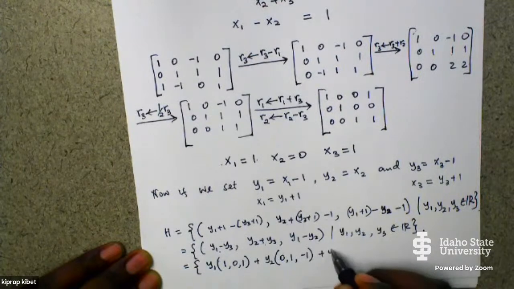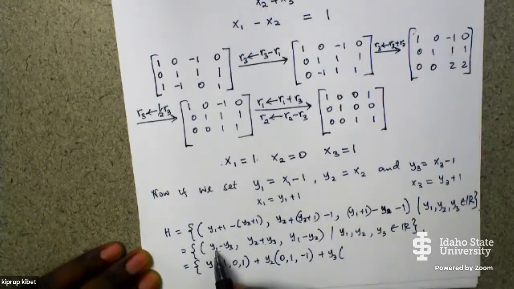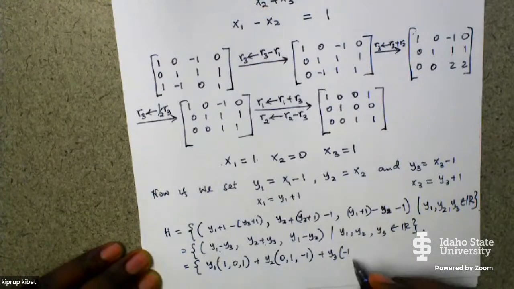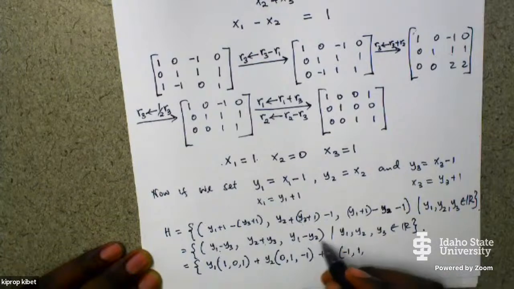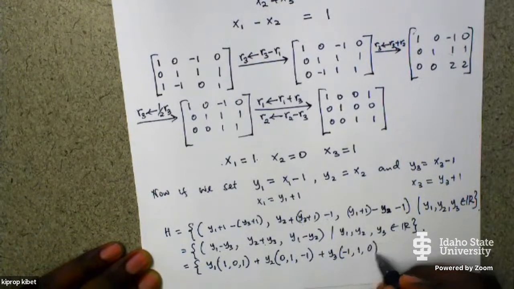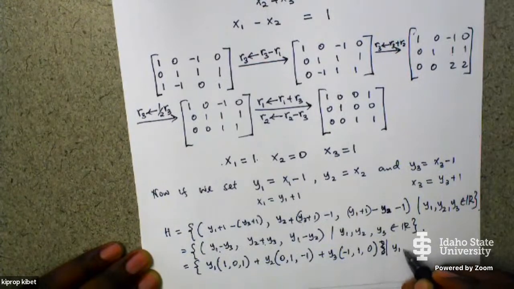And then plus y3: y3 is minus 1 there, y3 here is 1, and y3 here is 0, whereby y1, y2, y3 are elements of real numbers.